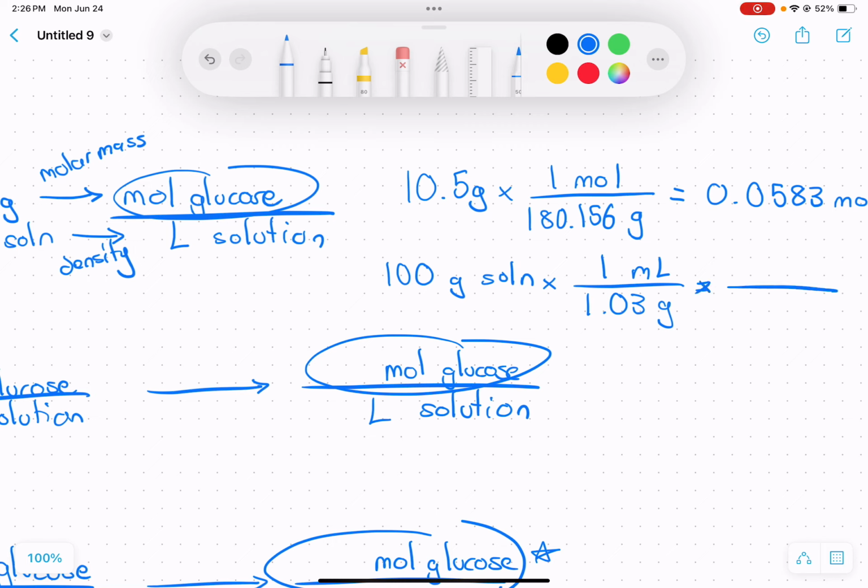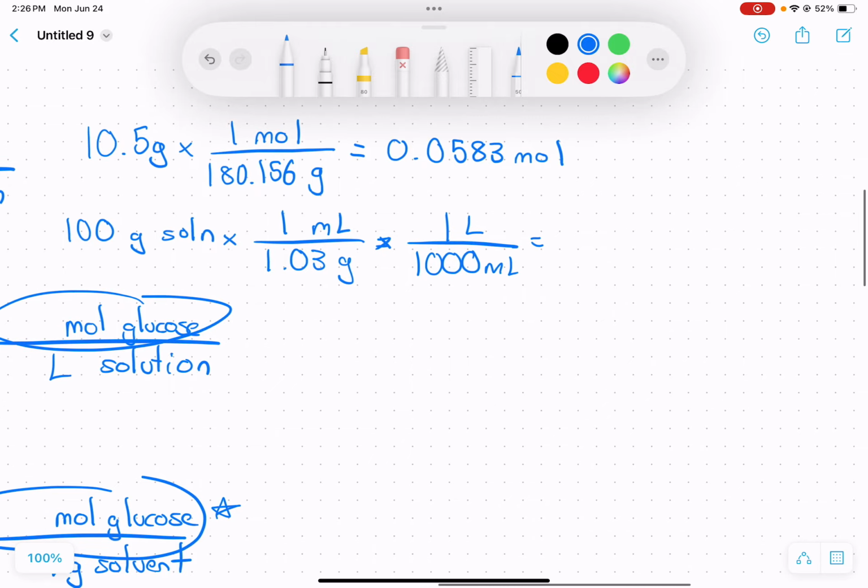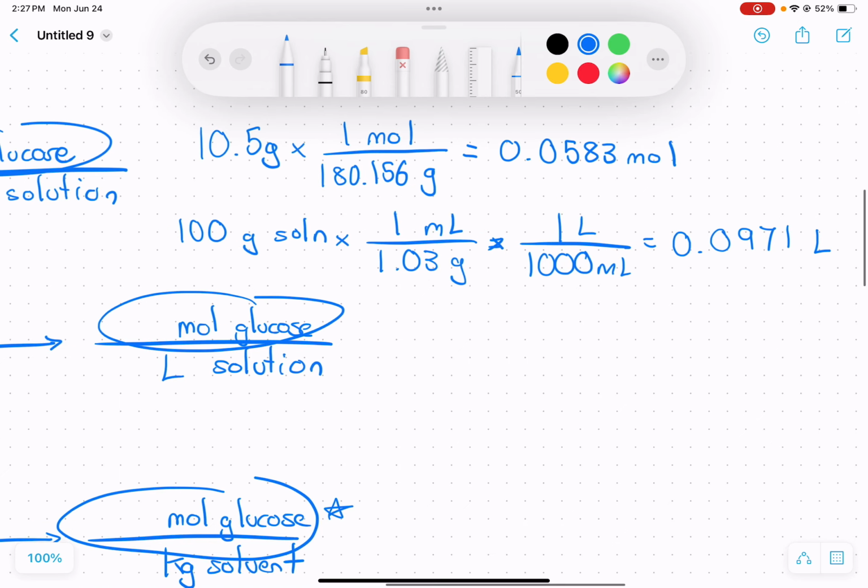I'm going to go ahead and add the conversion to liters in there as well, because that's the volume we're looking for, liters, not milliliters. So 100 grams divided by 1.03 divided by 1,000. So that is a volume of 0.0971 liters.